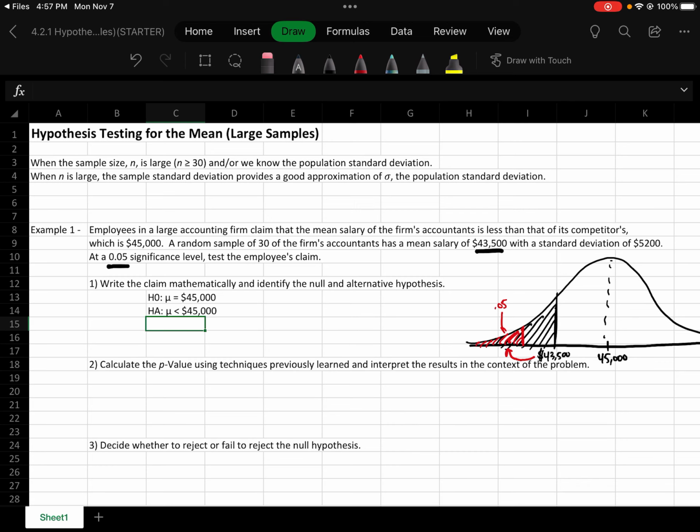So now the next step is to calculate the p-value using the techniques that we've already learned. We learned about how to find the p-value. Okay?